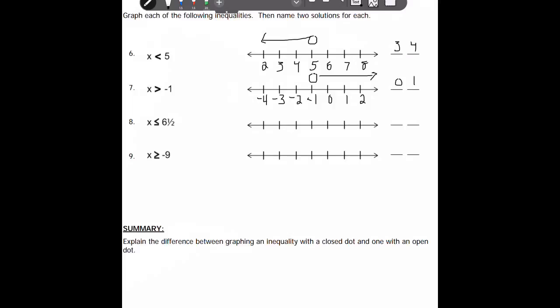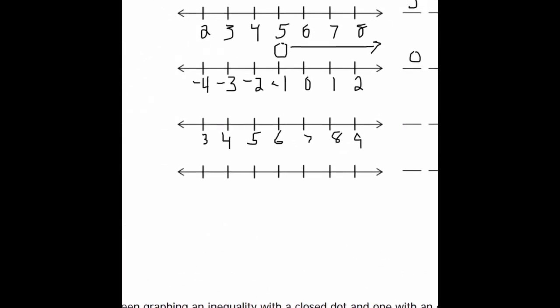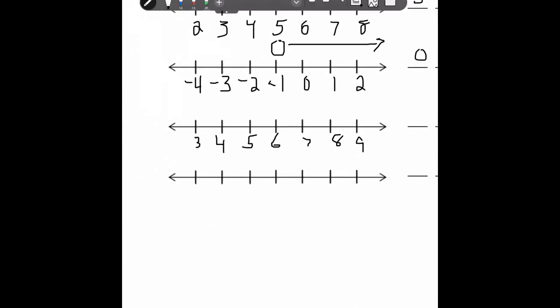Number 8. X is less than or equal to 6.5. So I'm going to draw 6 as the middle here. 6, 7, 8, 9, 5, 4, 3. For this question, I need to add a line for 6.5. So I'm going to do so.